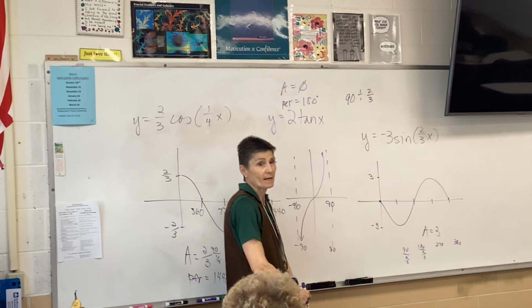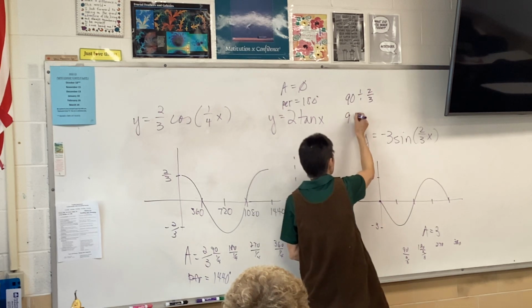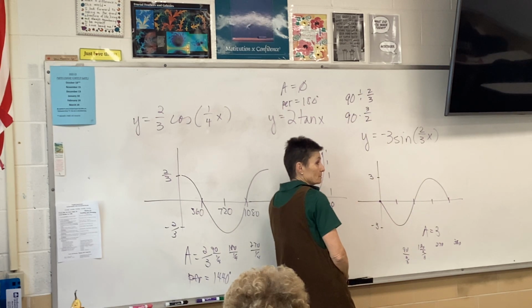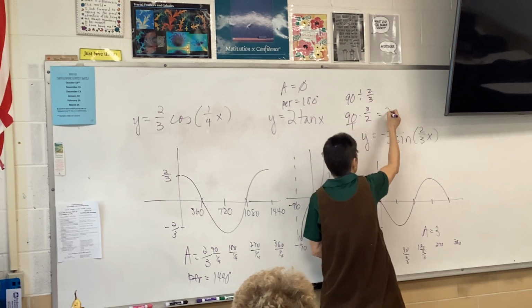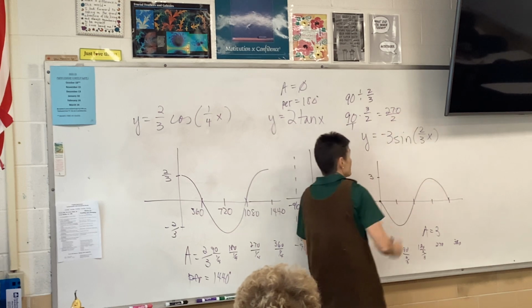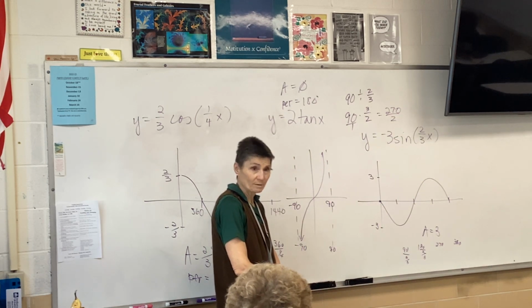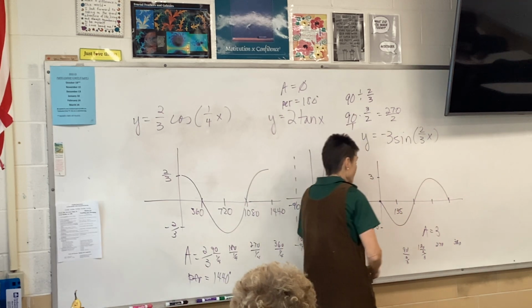We are seniors in high school. We can do this. That's 90 times 3/2. 90 times 3 is 270. And 270 divided by 2 is 135. So this label is 135.